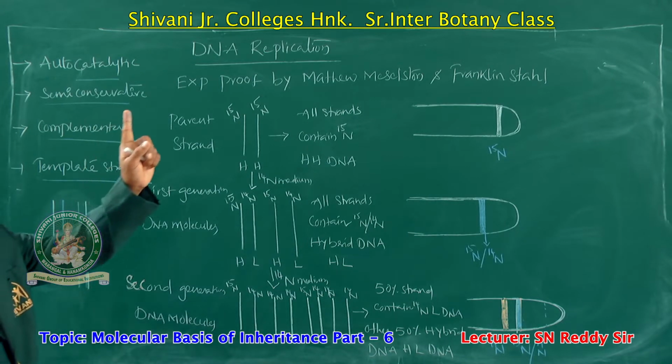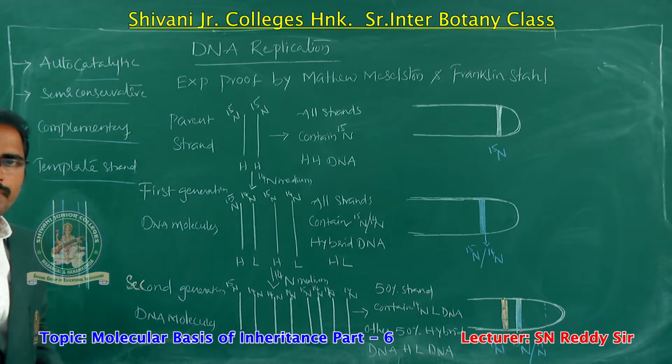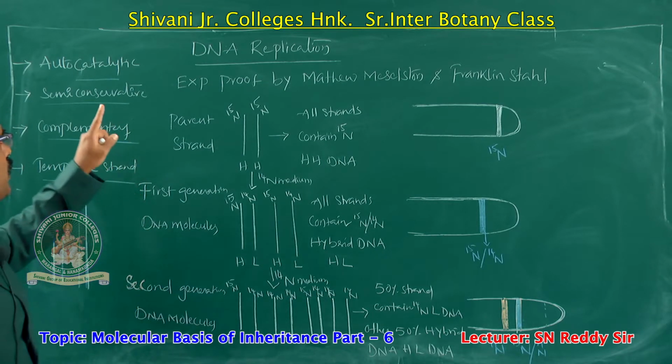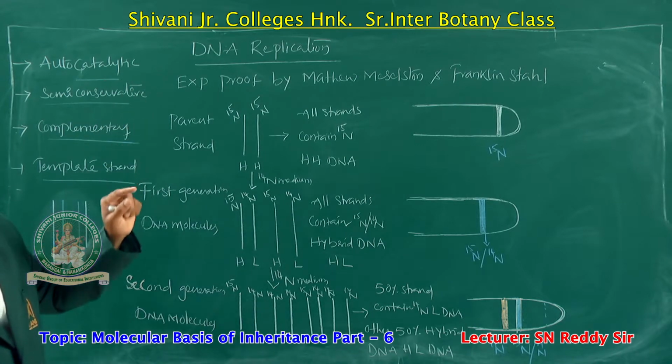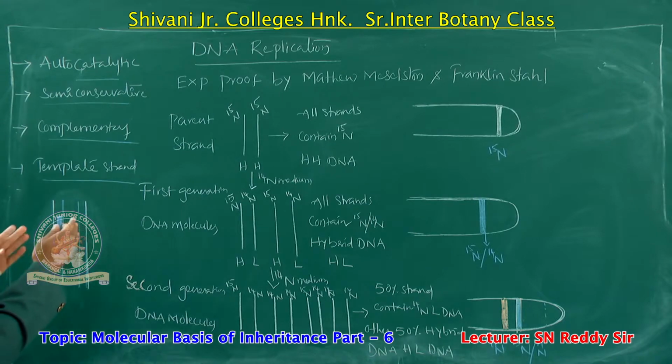Now, DNA replication is a semi-conservative method of replication. Here you see, these two strands will generate the new strands. That means in these two DNAs, one strand is the parental strand and the other strand is the new strand.